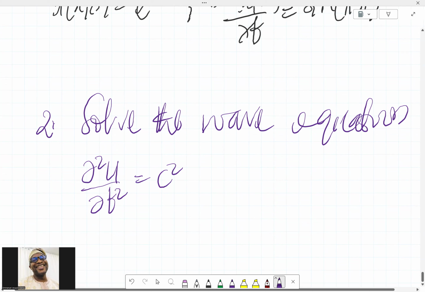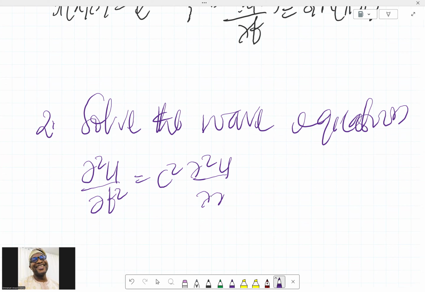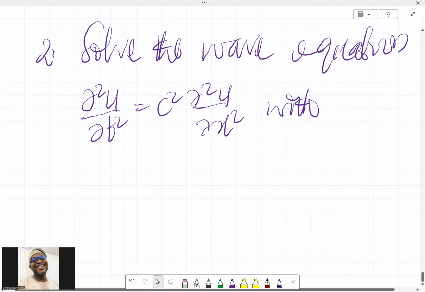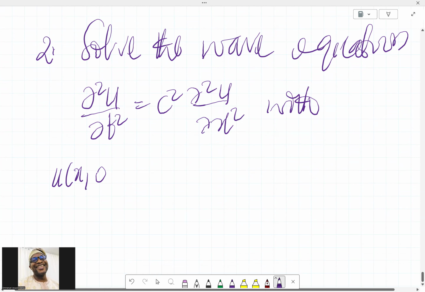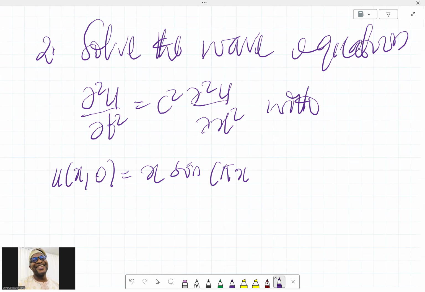The only thing that changes will be the initial conditions. So partial squared u partial t squared equals c squared partial squared u partial x squared, with the following initial conditions: u of x comma 0 equals x sine pi x, and then partial u partial t at x comma 0 is equal to 0. So that 0 will help simplify it.